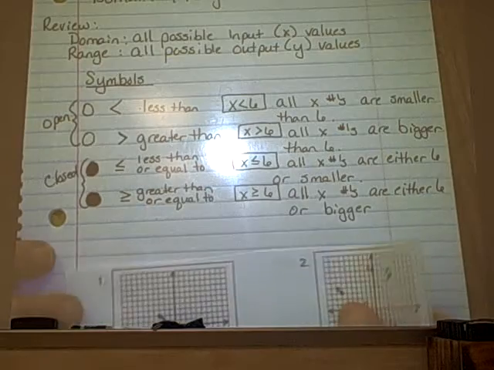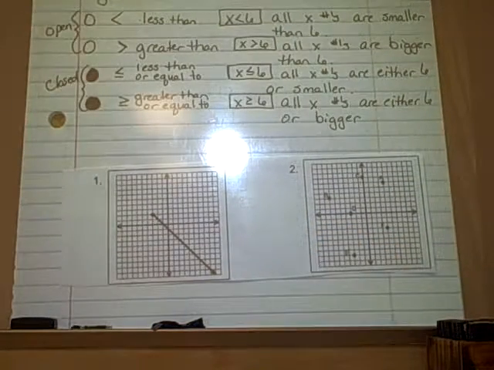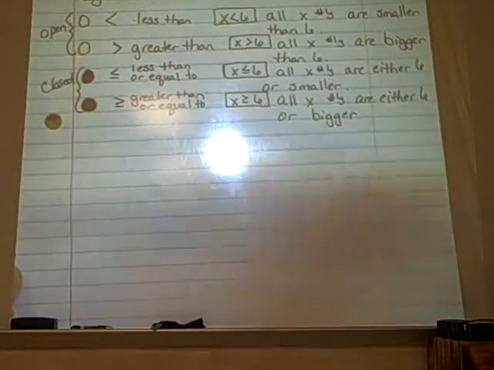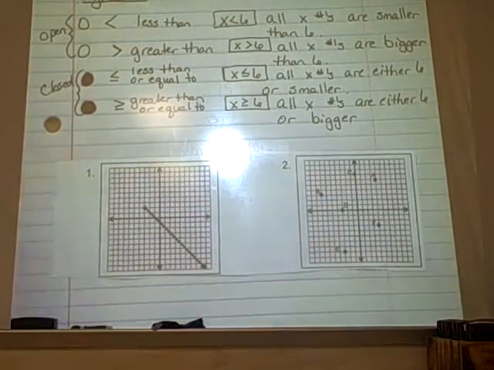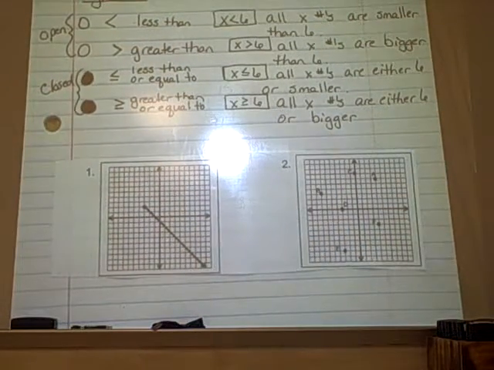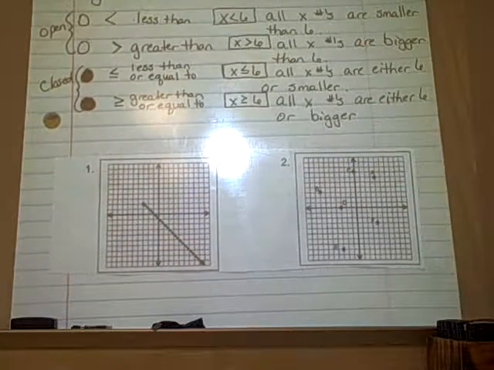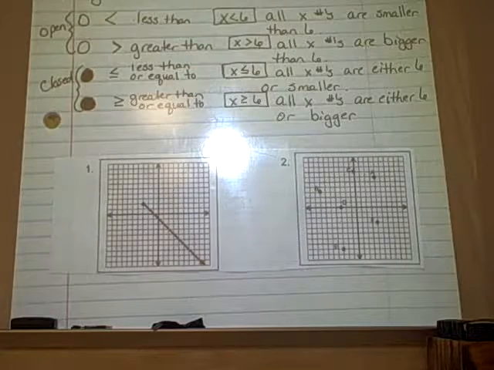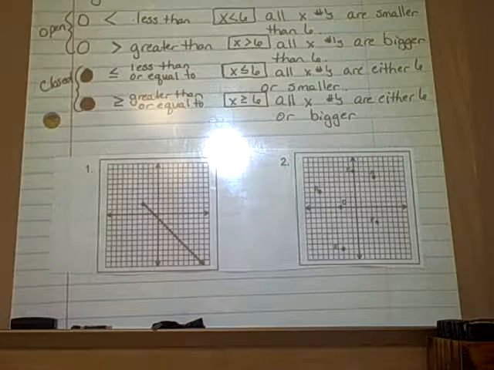Okay, so glue 1 and 2 down right here, just kind of down at the bottom. There's 1 and 2. And what we're going to do is find domain and range from each one of these graphs, so get those cut out.